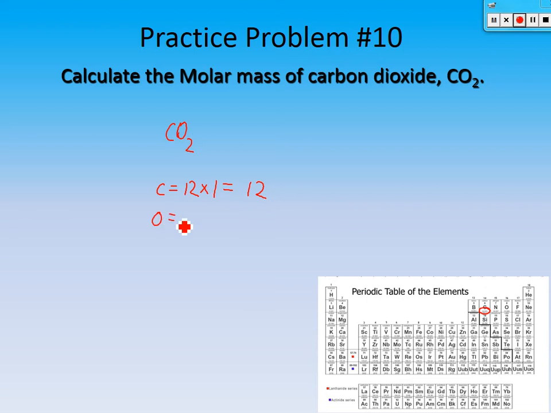Oxygen, if you look it up, its number is right here. It rounds to 16. But how many oxygens do we have, guys? 2. So let's times that number by 2. That's 32, right? And then you have to add them together. What does that come out to be? 44 grams. So 44 grams is the molar mass for carbon dioxide.